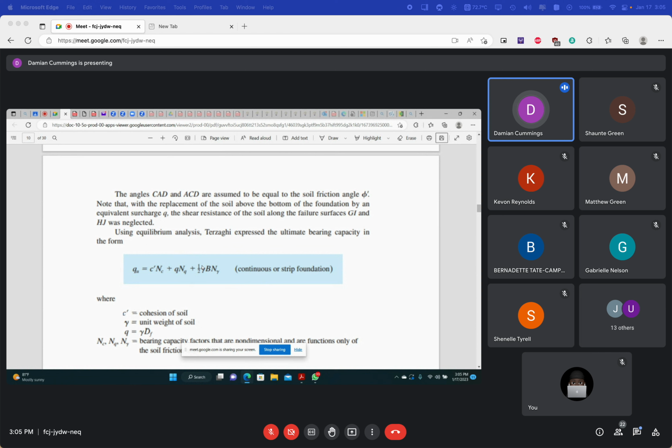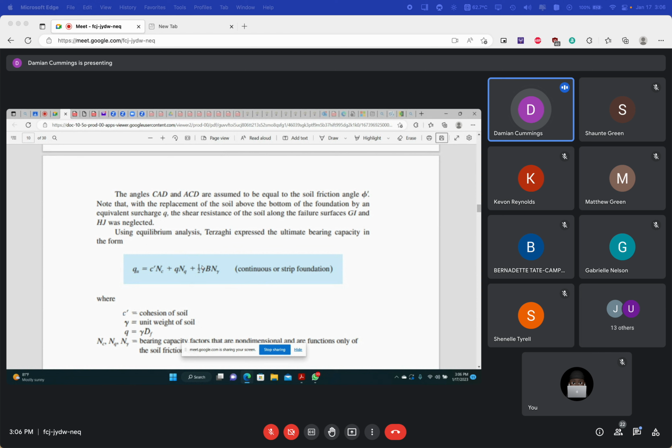Good. All these bearing capacity factors can be calculated or read from a table. But either way, we must determine the soil's friction angle in order to determine these bearing capacity factors.